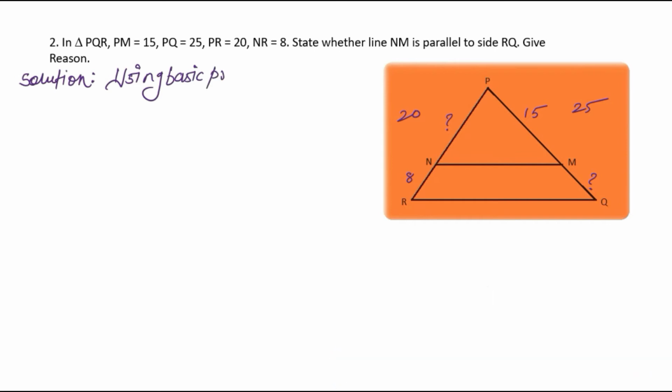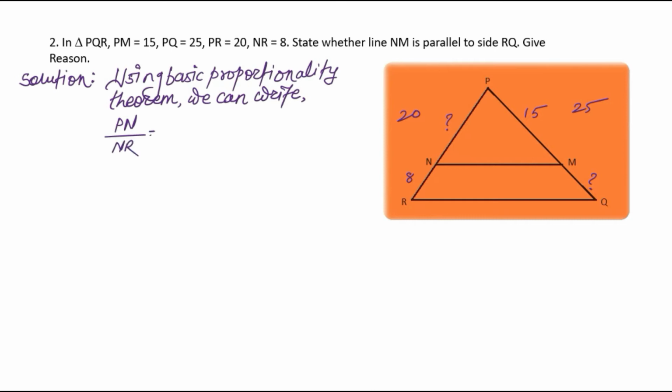Using basic proportionality theorem, we can write the ratio PN upon NR is equal to PM upon MQ.